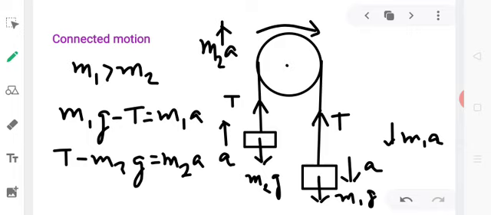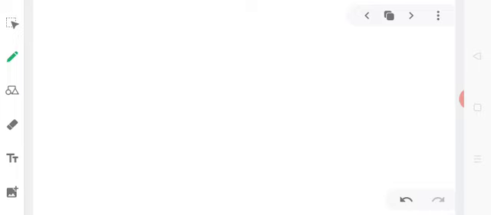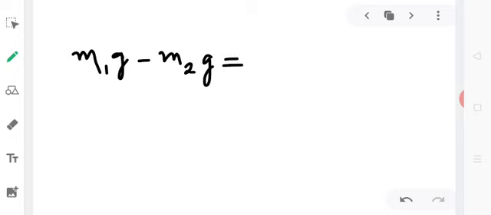So adding these two equations, we get m1g minus m2g is equal to m1 plus m2 times a.